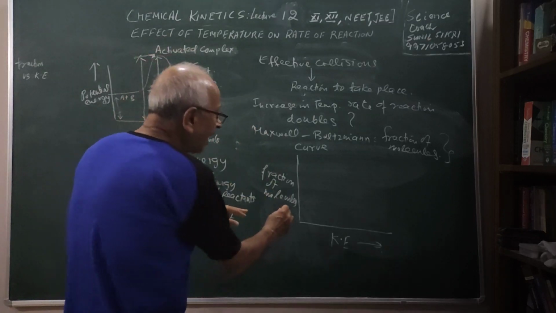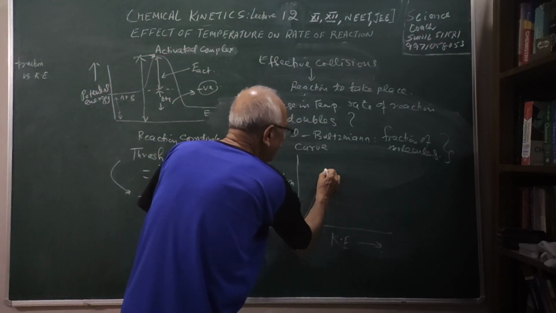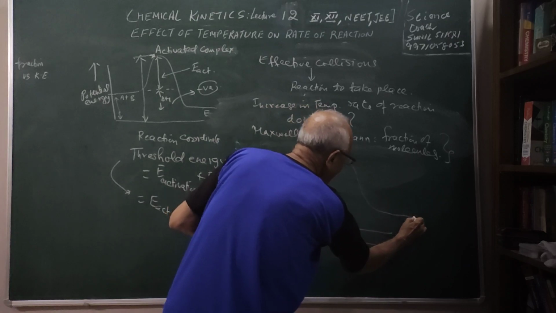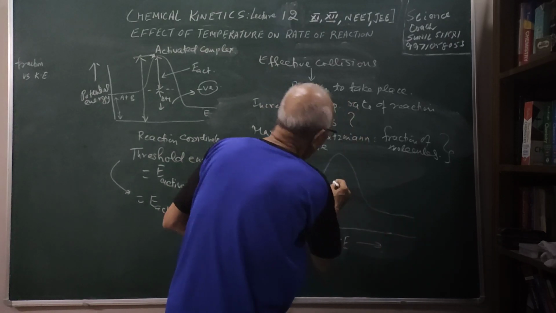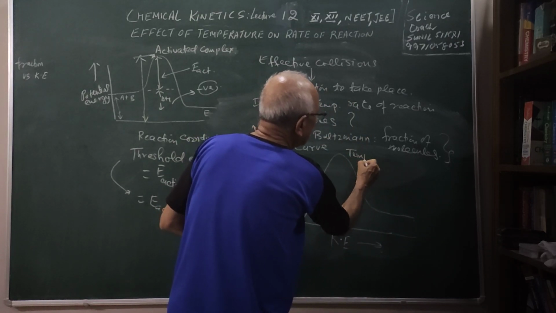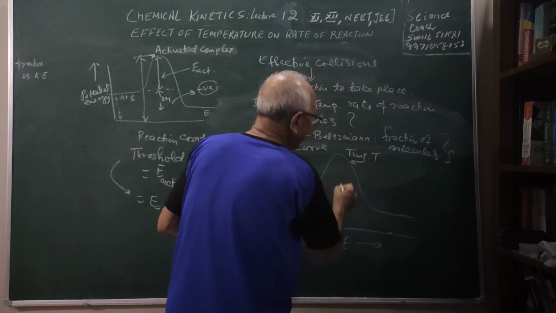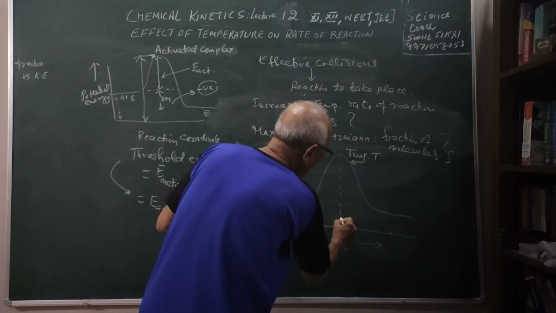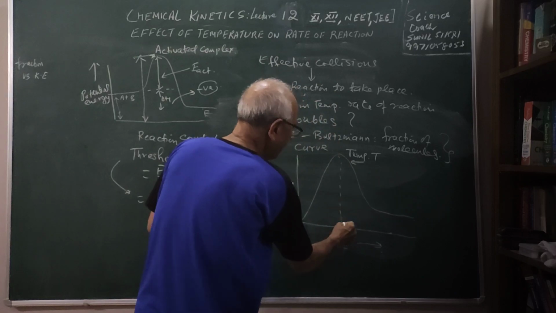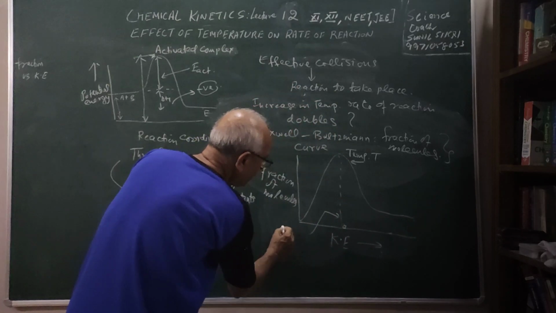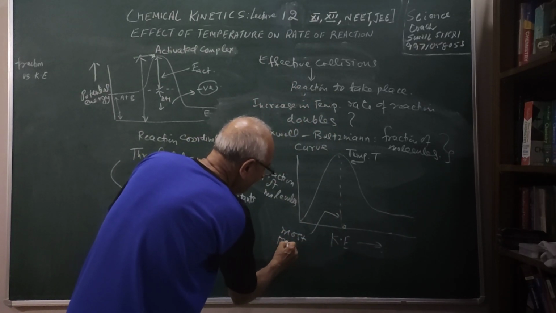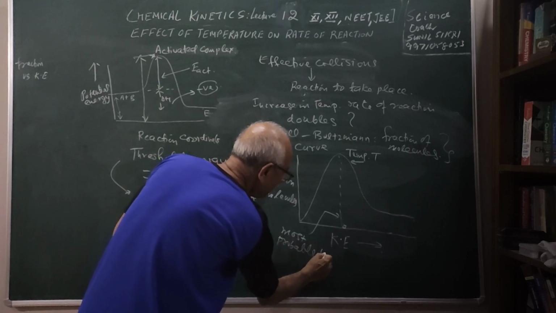What the graph looks like, what they found, the graph looks like this. This is a graph at a particular temperature T. This is the most probable kinetic energy.